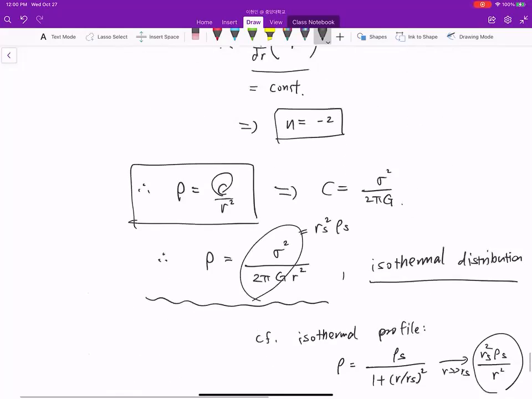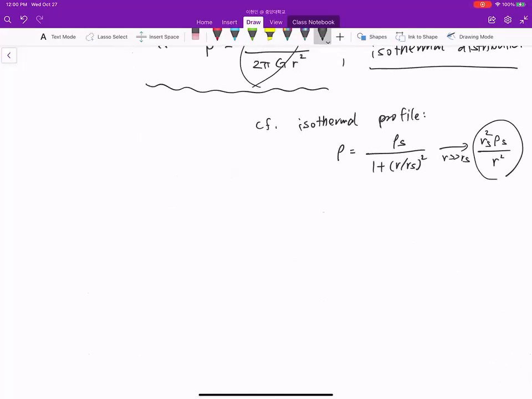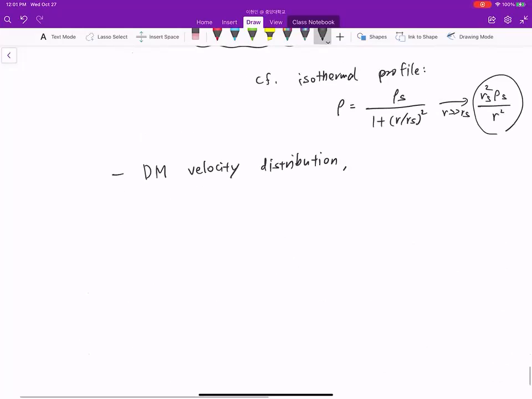And another implication is for the dark matter velocity distribution. The phase space distribution, as I said, is proportional to exponential of psi minus 1/2 v square, over sigma square.